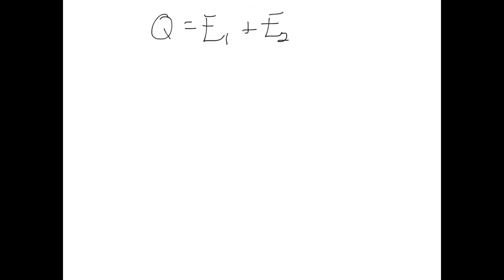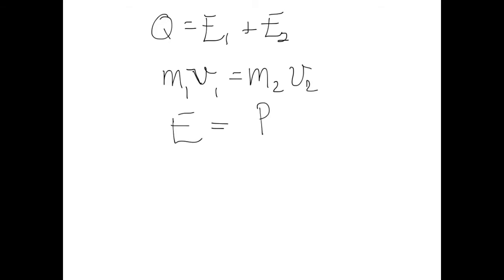We can use conservation of momentum and conservation of energy to work out which one of those 2 products gets how much energy. So we would say M1, little v1, equals M2, little v2. We could also say that the energy of either of those products is P squared divided by twice the mass. So those are the equations that are going to describe our thermal neutron detectors.